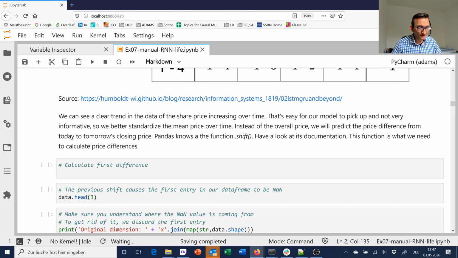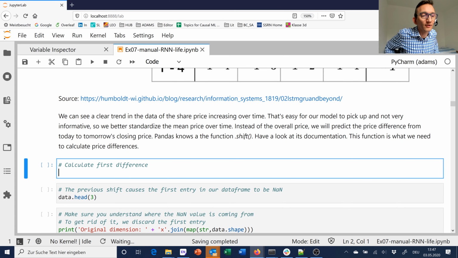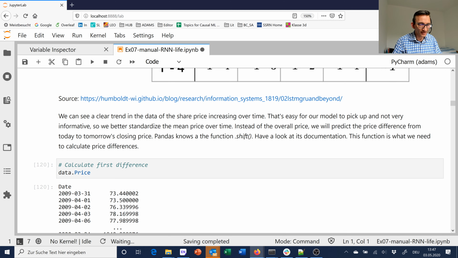Okay, now let's first of all calculate the first difference in our time series. And fortunately, NumPy has a useful function that we can make use of. Data, it's price, right? Let me check. Yeah, it's price.